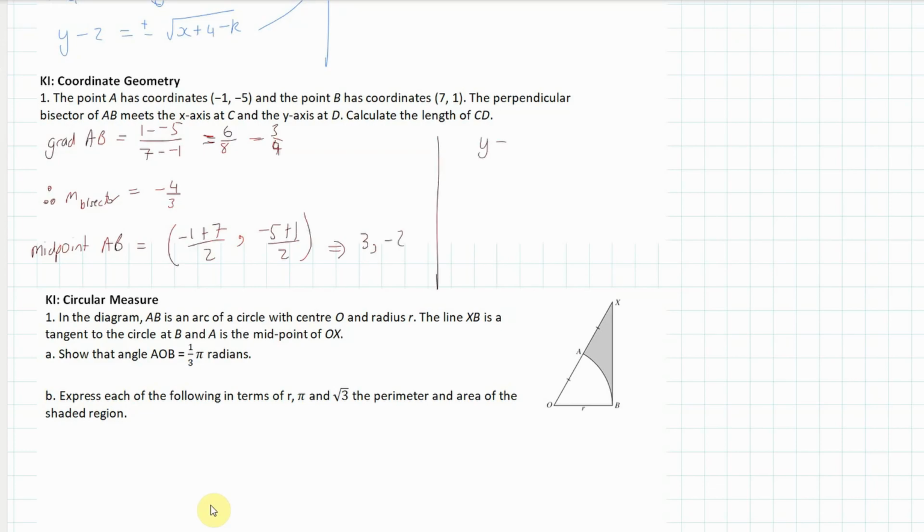Now we use y minus y1 equals m into x minus x1. So we chuck in our midpoint, so y minus minus 2 equals m, which is our gradient of negative 4 thirds, into x minus, now we've got a 3 here. We get y plus 2 equals negative 4 thirds x plus 12 over 3, which is 4.